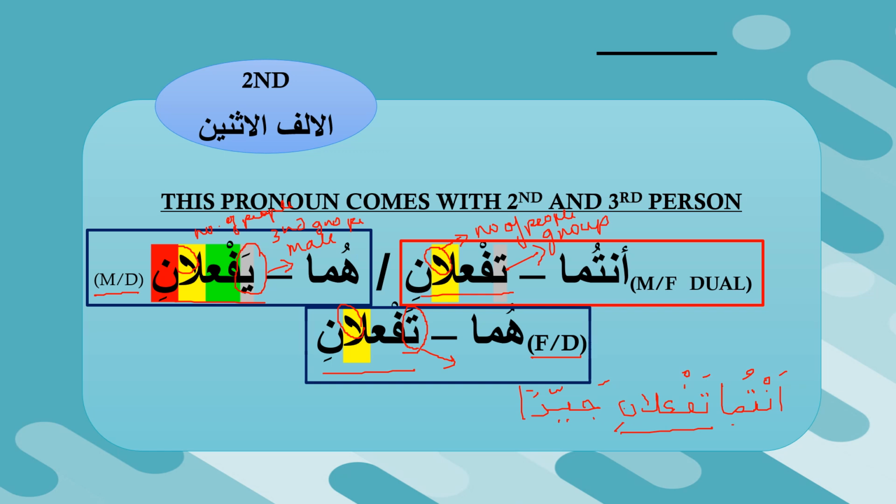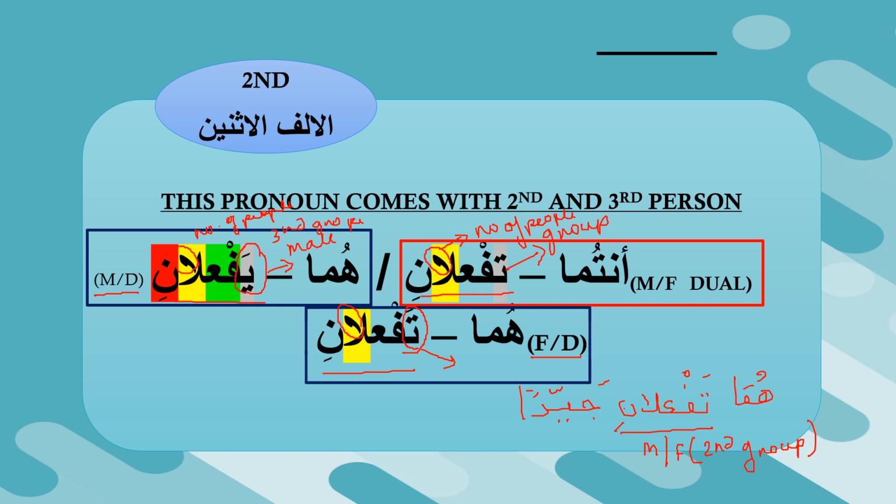But you have a clue here, antuma. That means you are talking about the male and female in the second group. And if taf'alani comes for the feminine dual only in a sentence, in the ghaib group, then you have a clue here and it will be huma.